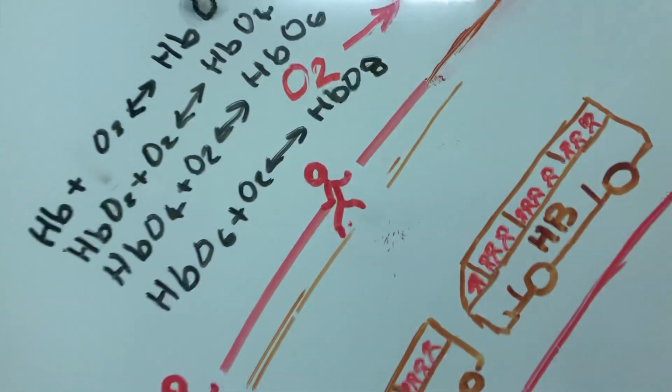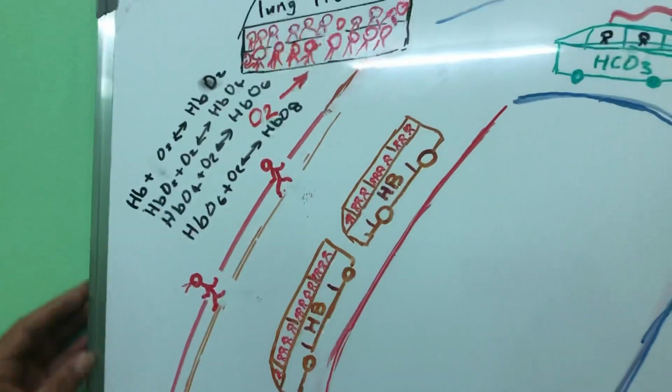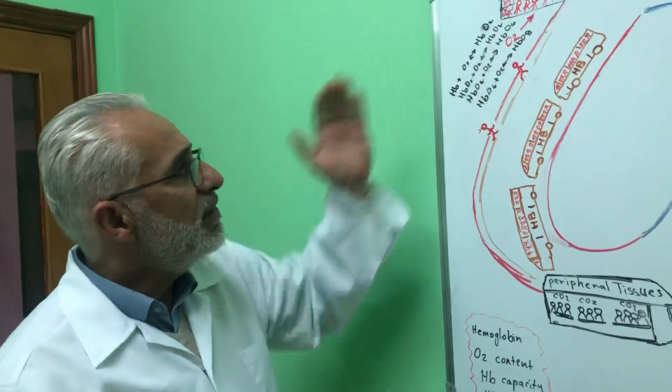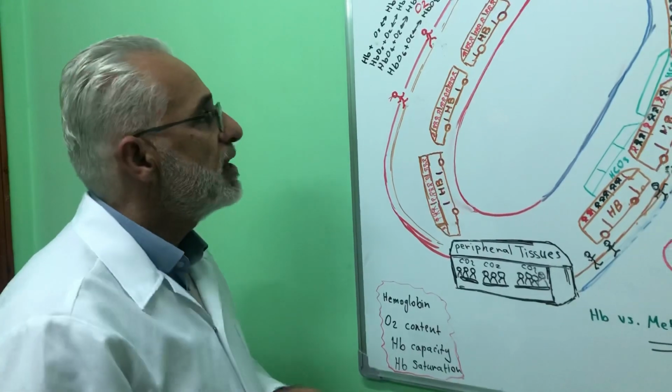Here we have 8 atoms of oxygen, which means 4 molecules of oxygen. At this level, the hemoglobin is totally saturated by oxygen.